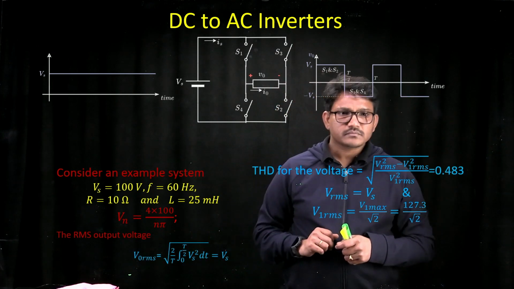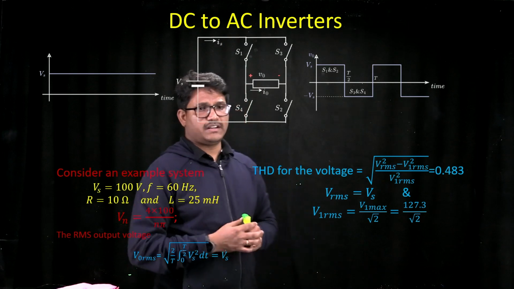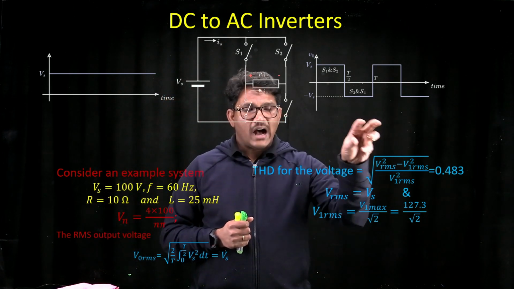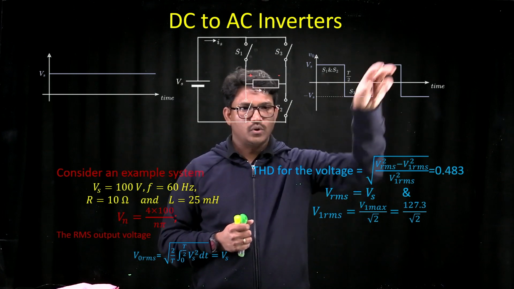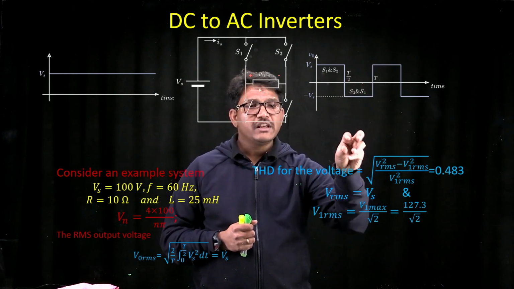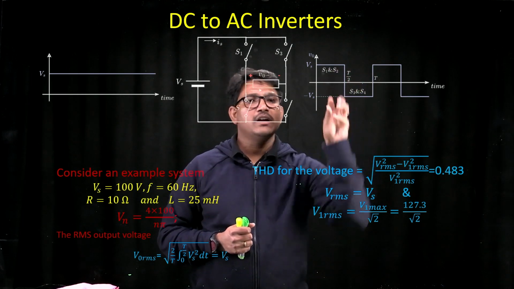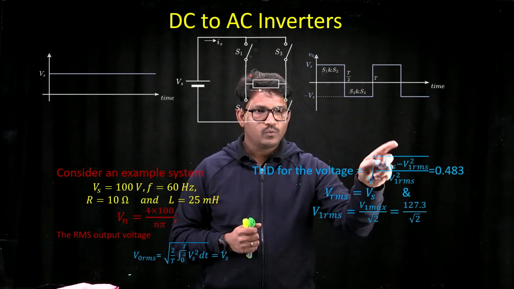So now, if you want to get the total harmonic distortion, it is basically the square root of V RMS squared, meaning the RMS of the total voltage, and how deviated that total RMS voltage is from the fundamental RMS, that is V1 RMS.